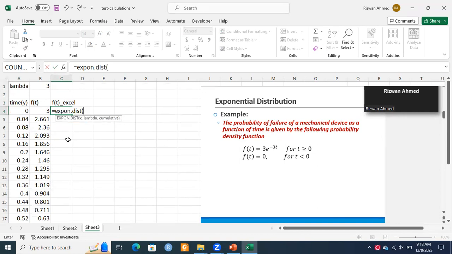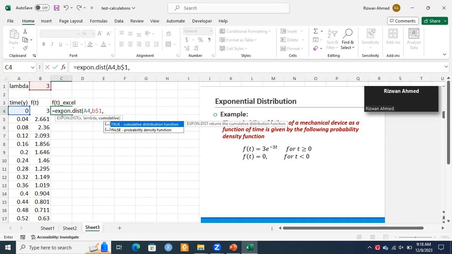It requires the value of x, lambda, and the third one, cumulative or the density function, right? So it means exponential distribution requires only one parameter to be known from experimental data. So 0, lambda value I can get from the cell, and this is the density function.